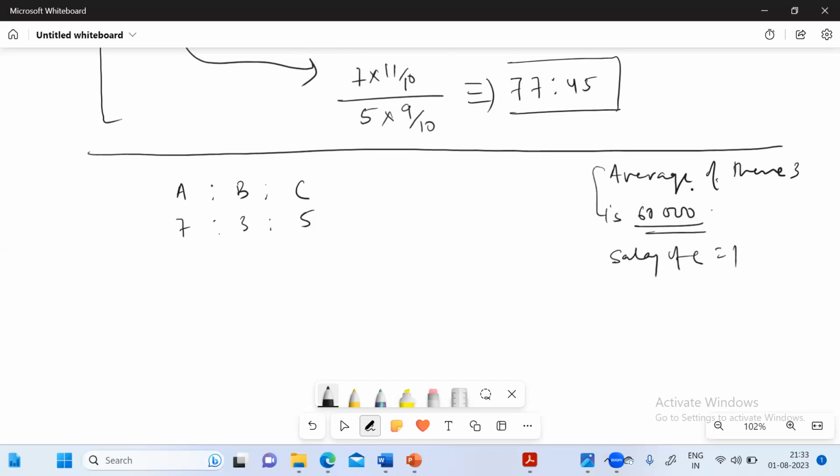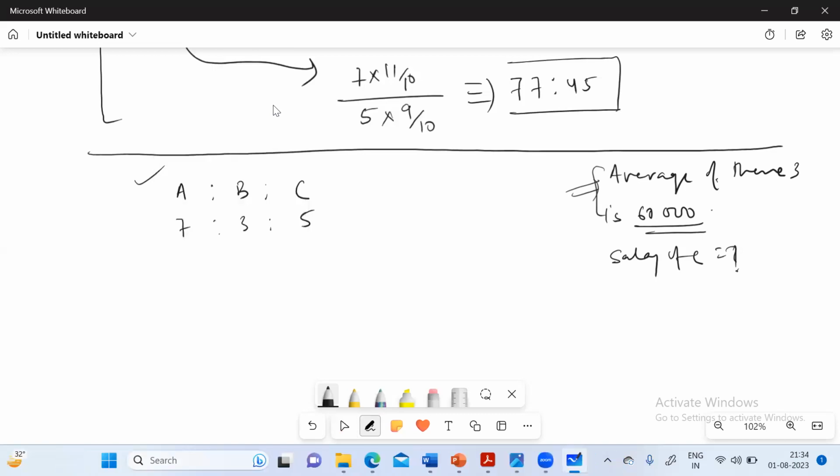It is the example of the previous question only. In a way, you will be given the ratios, and a statement with which you can find the multiplier. And finally, there will be a question for which you can tell the value by multiplying the concerned value with the multiplier. So here, what will be the average of A, B and C in ratio terms?